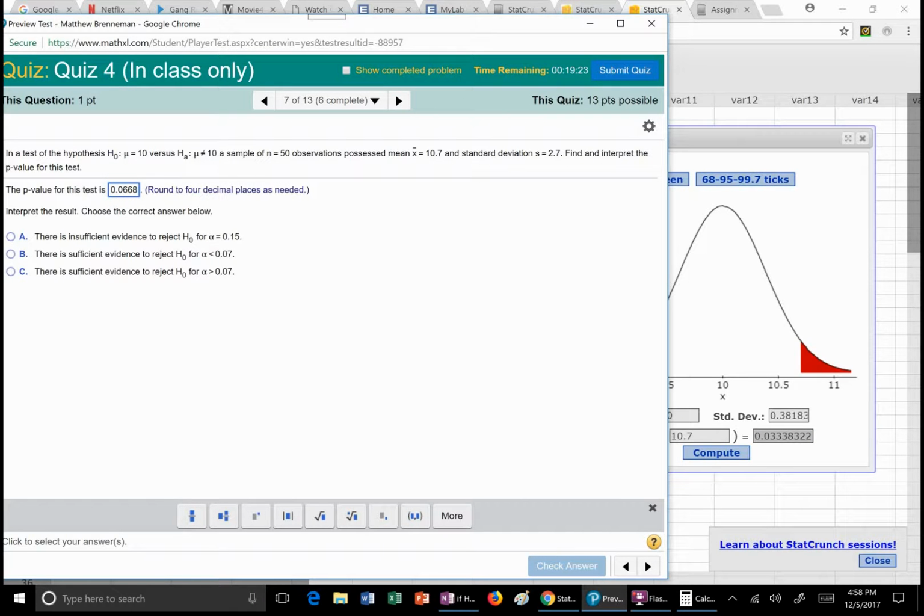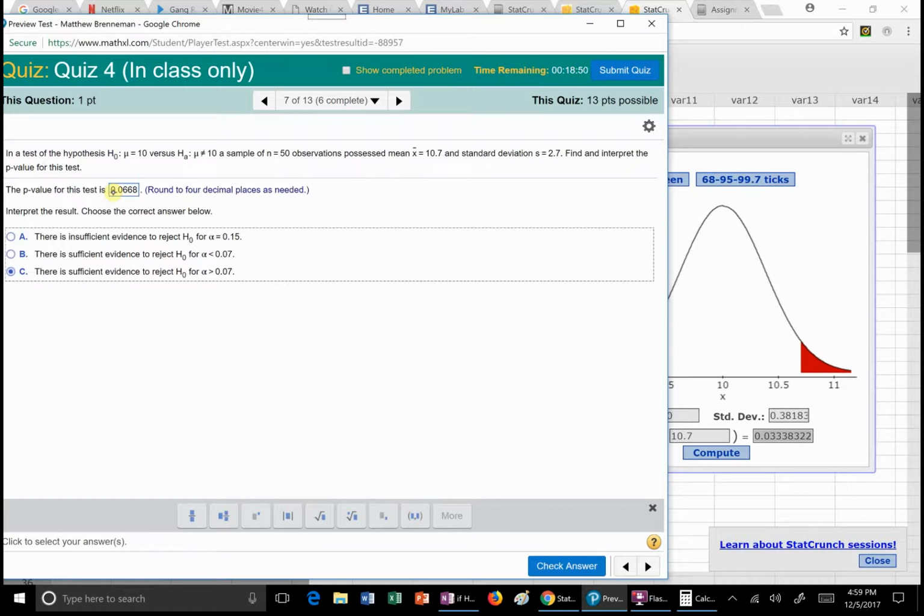And what do we decide? Well, notice that if I compare it to 0.15, p is less than alpha, right? So we would reject it if this was our alpha. There would be sufficient evidence, sorry. So notice that for any alpha greater than 0.07, there'd be sufficient evidence to reject.